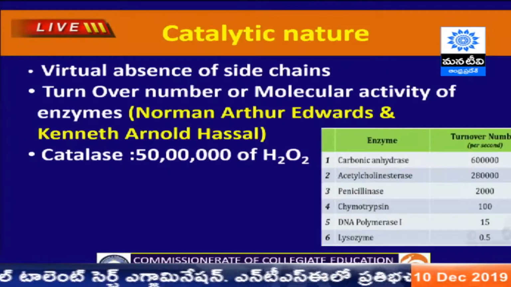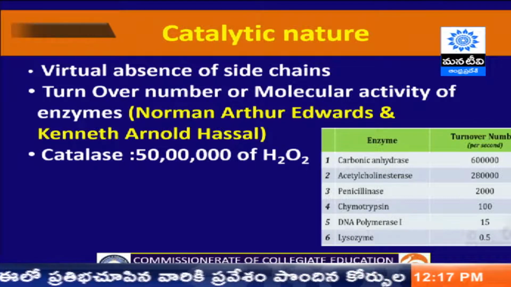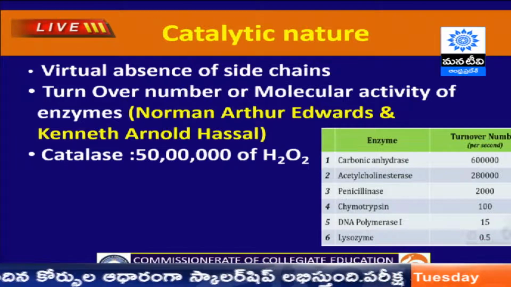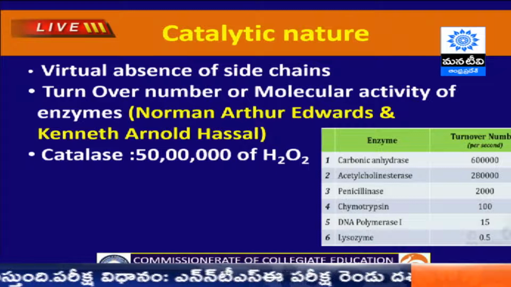Coming to the catalytic nature of the enzymes, all the enzymes have a unique property. That means there is a virtual absence of side chains, and the catalytic efficiency of the enzyme is explained based on the turnover number or molecular activity of the enzymes.